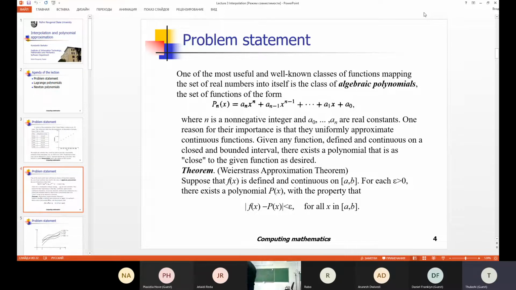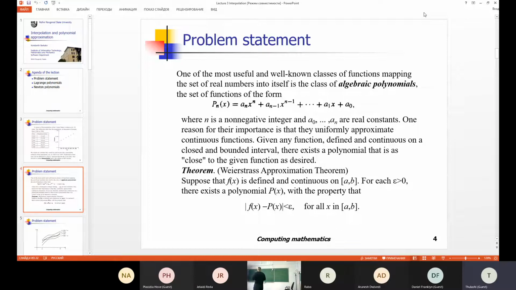Do you remember the function sinus? What is the graph of sinus? It looks something like this. It's a trigonometric function, not a polynomial.